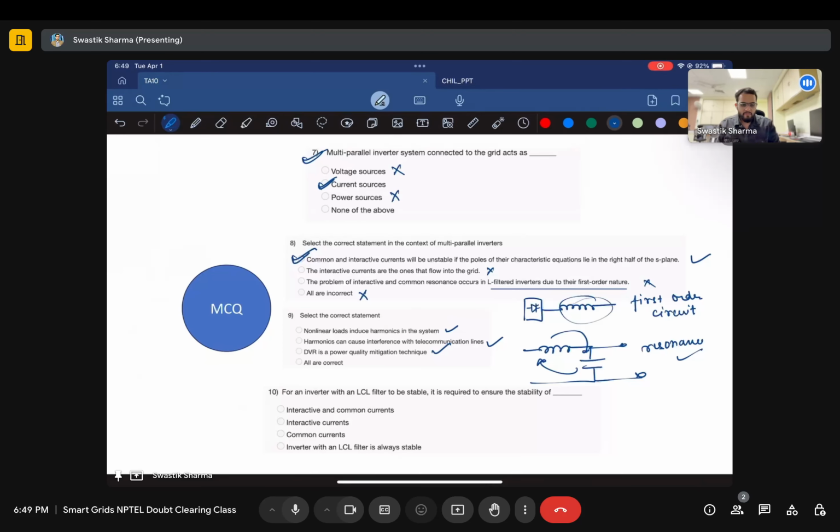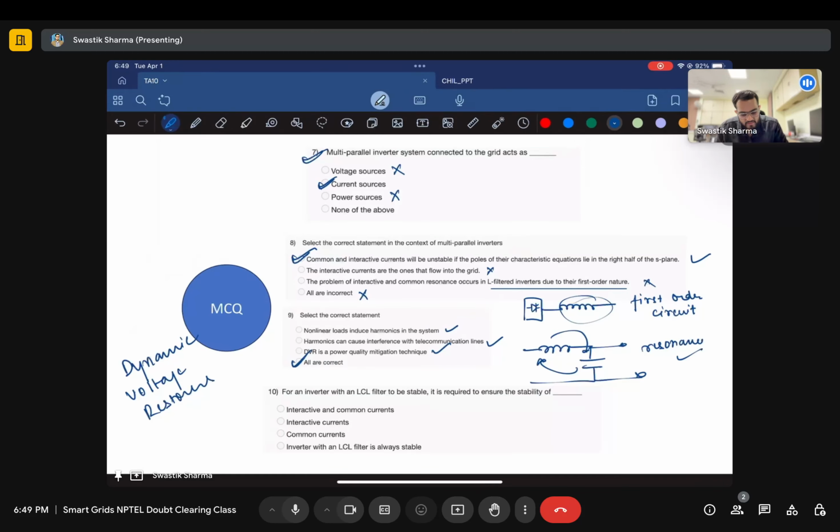Correct. DVR are nothing but dynamic voltage regulators. They are not exactly regulators, but these can be called regulators or restorers. Let's go with restorer. Since they can provide an effect over voltage, they can act as a power quality mitigation technique as well. All are correct is the correct answer, because all of these statements are correct.